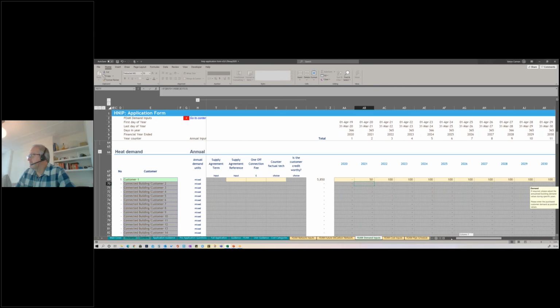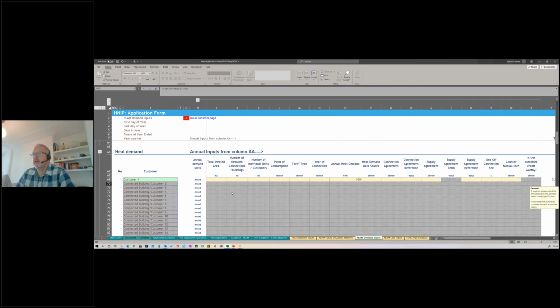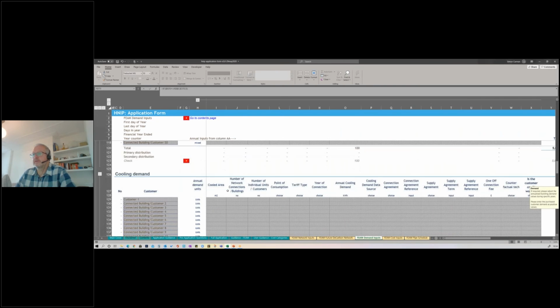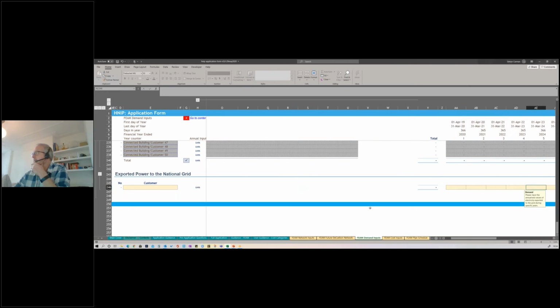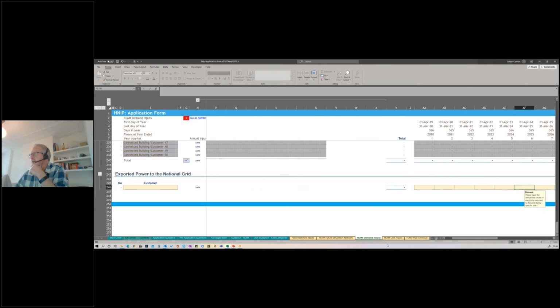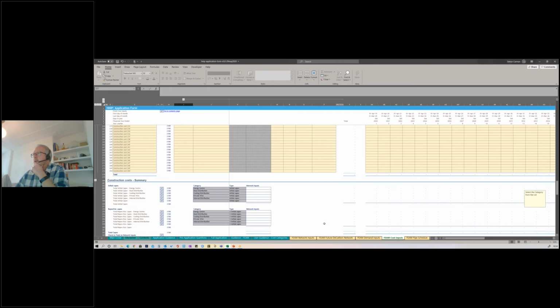There's probably not much more on this sheet. Private wire, and there's external exported power to the grid and the profile of it here if you're a CHP electricity generating technology. Cost inputs I've mentioned.